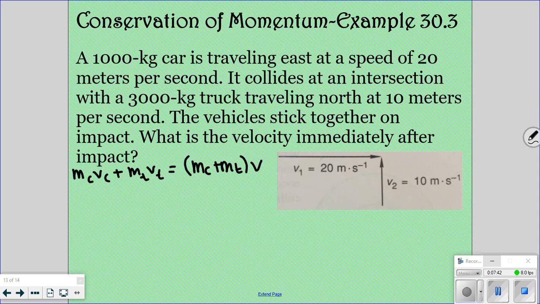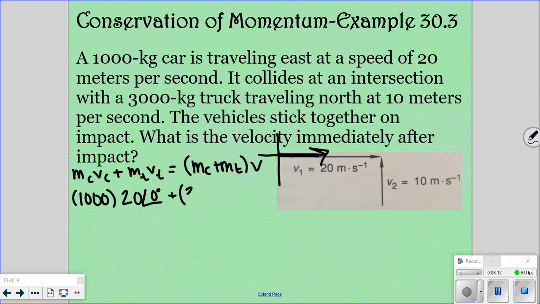So this one's going to have to be worked a little bit differently because they're not going in opposite directions. They're coming and they're hitting at a right angle. So the mass of the car is 1,000. The velocity of the car is traveling at 20, and it's going to the right. So it's 20 at 0 degrees.